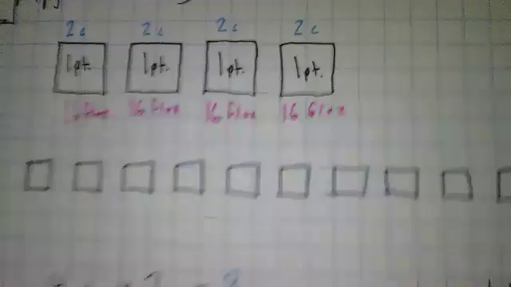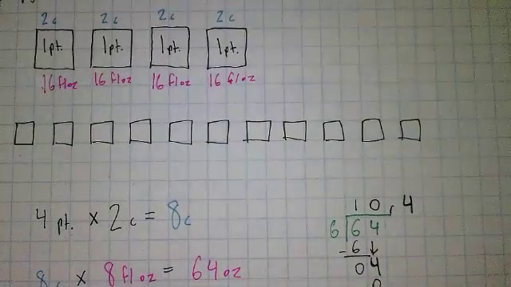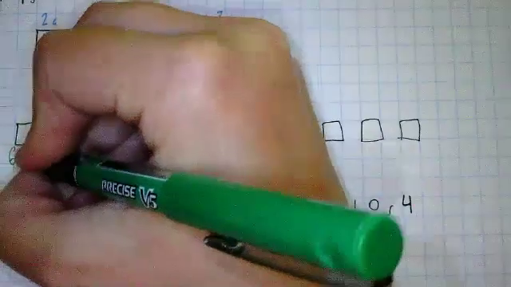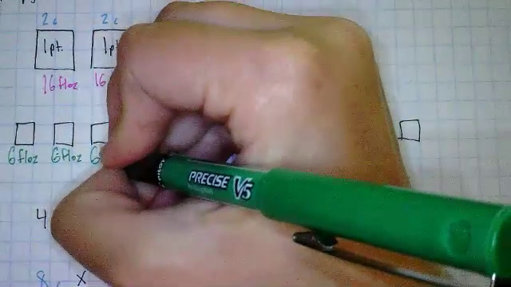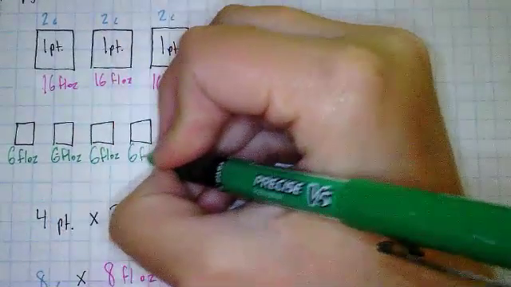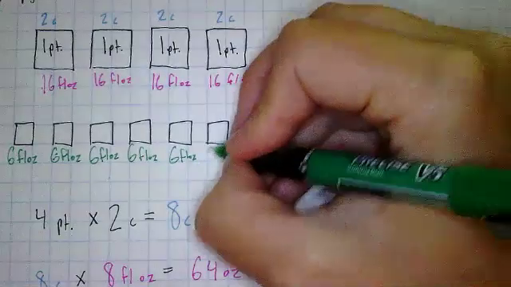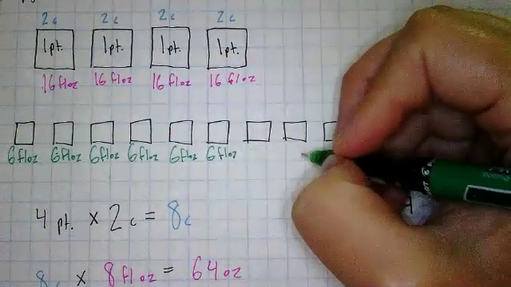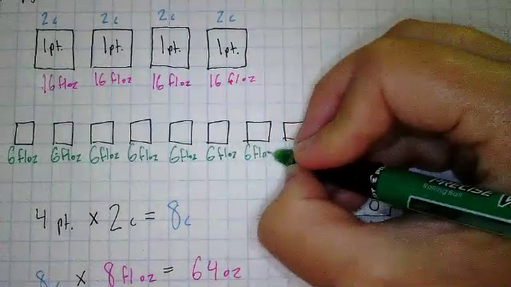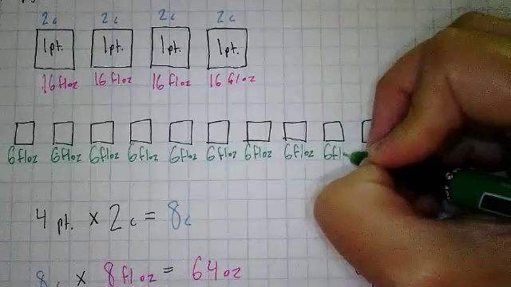Okay, so if I were to mark these out, this is 6 fluid ounces, 6 fluid ounces, 6 fluid ounces, 6 fluid ounces, 6 fluid ounces, 6 fluid ounces. Oop, it is blurry again. I'll uncast and recast in just a second. Let me finish writing this. 6 fluid ounces, 6 fluid ounces, 6 fluid ounces.